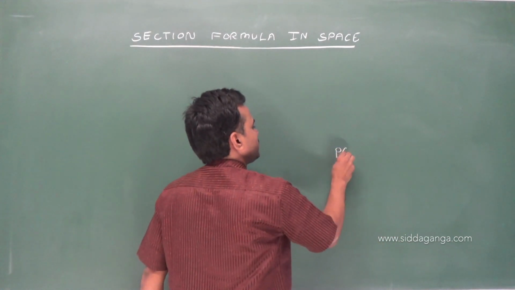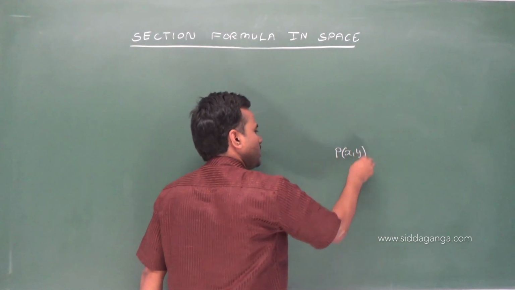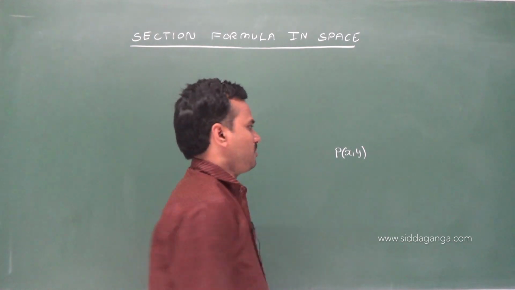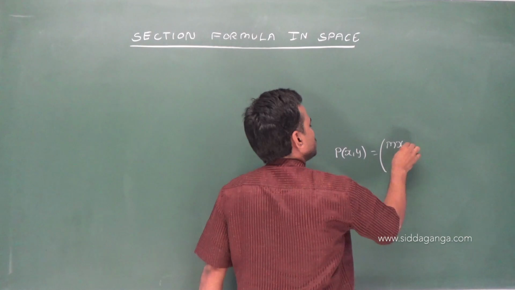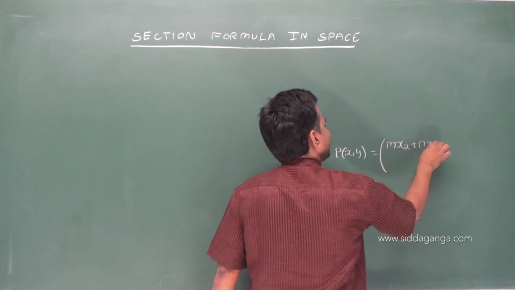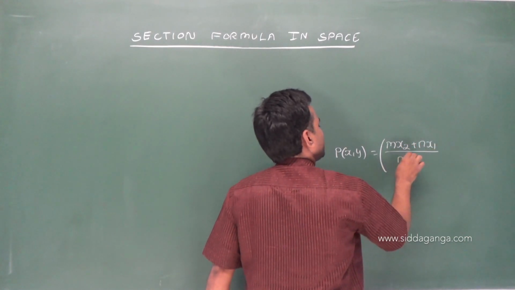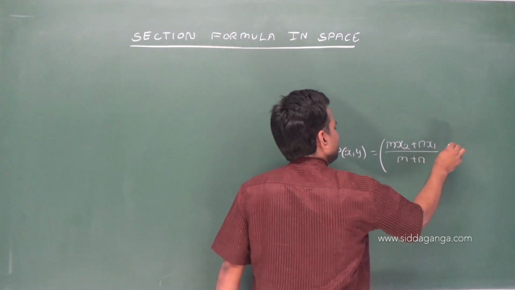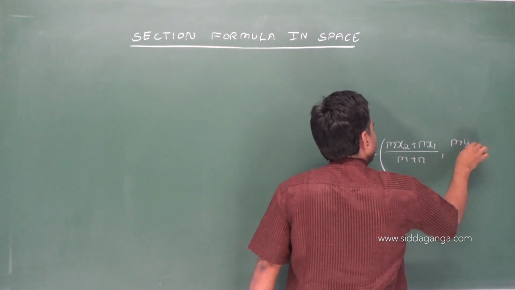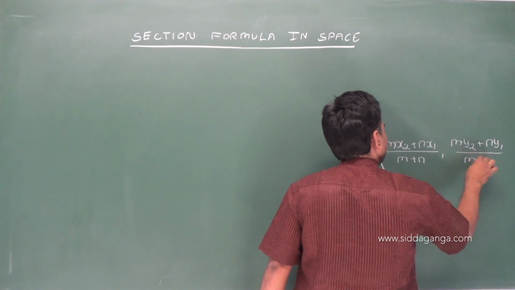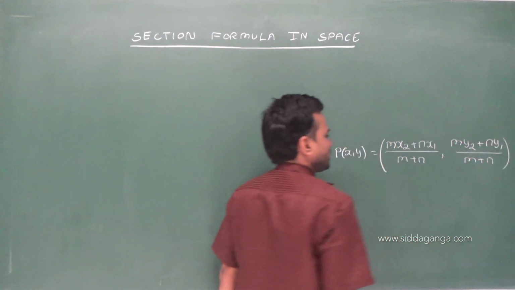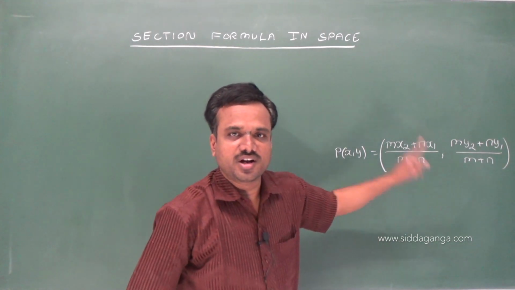So simply I have written here the formula: P of x comma y is equal to m x2 plus n x1 divided by m plus n, similarly m y2 plus n y1 divided by m plus n. Correct? This is the section formula for internal division.